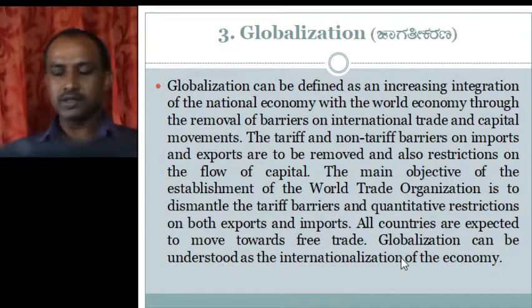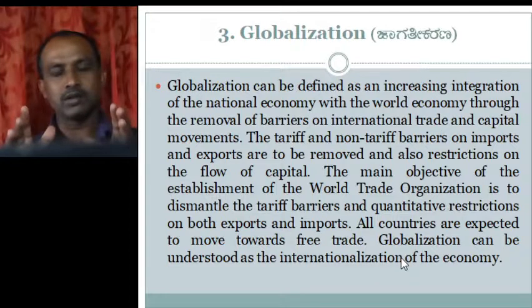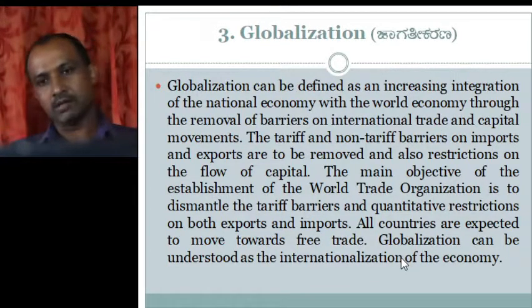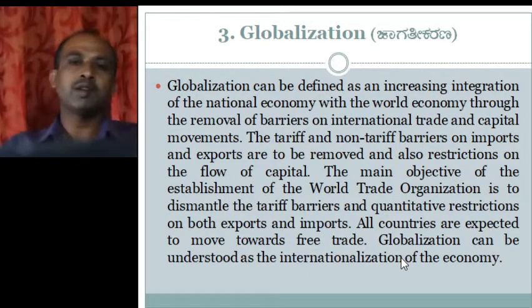Okay friends, these are some important aspects related to the structure of the Indian economy, economic reforms and economic development. It is the most important aspect from the viewpoint of examination and for understanding economic phenomena.